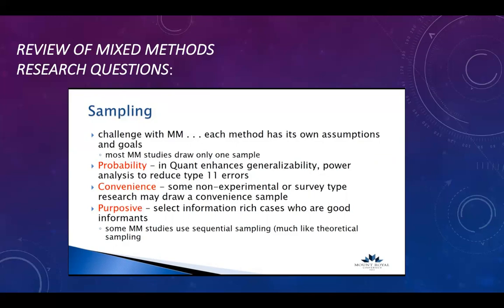But sometimes we also draw a convenient sample in quantitative research, especially non-experimental or survey type research. And thirdly, sometimes we might use purposive sampling, where we select information-rich cases or individuals or participants who are good informants. And some mixed method studies might use something we term sequential sampling, which is very much like theoretical sampling used in qualitative grounded theory, where we interview a few people and then the results of those interviews inform our choices of future participants.